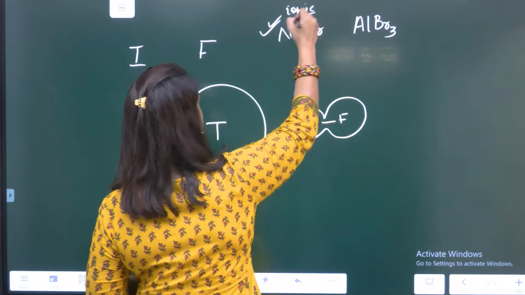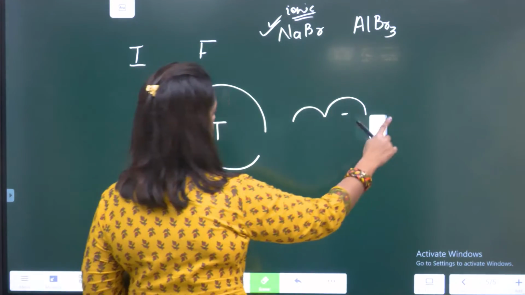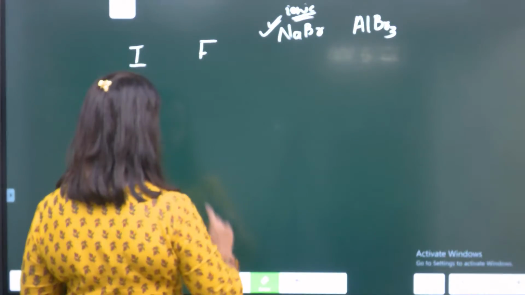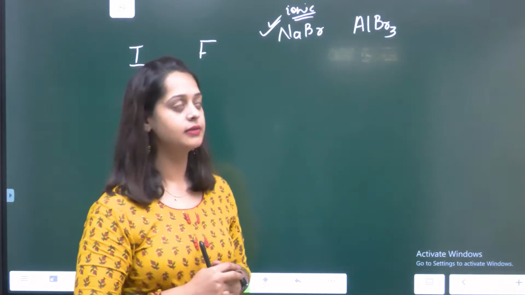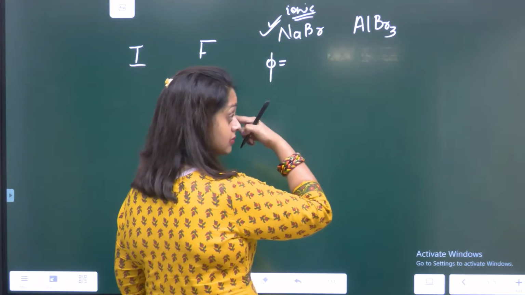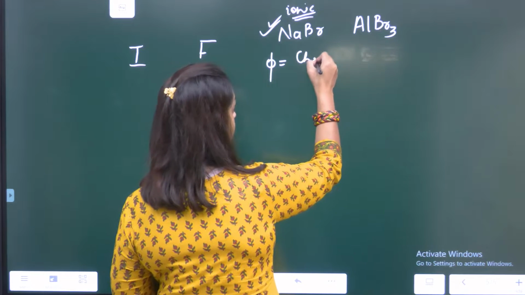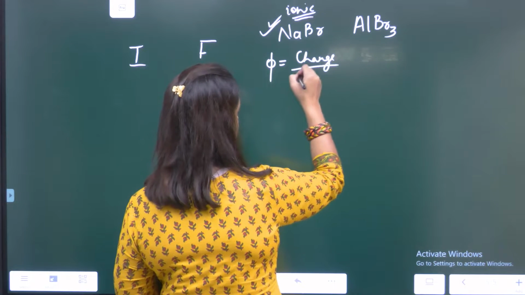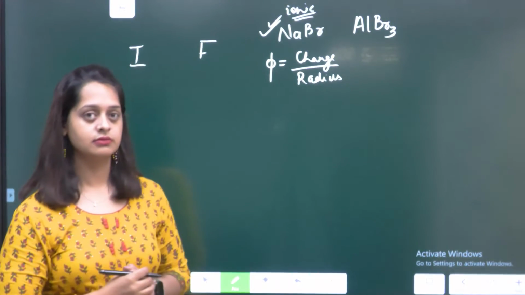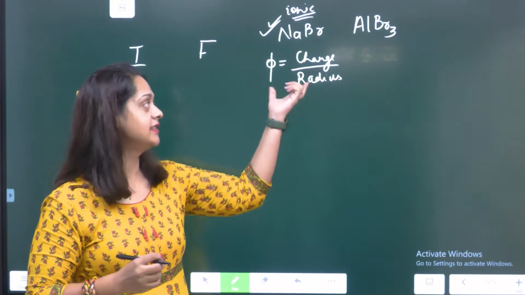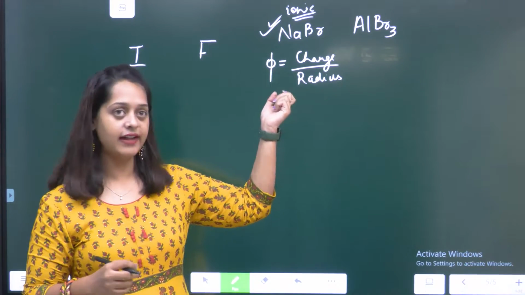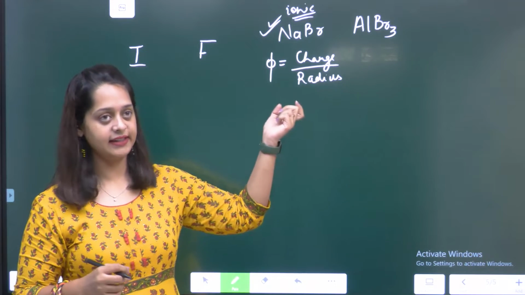Why is it more ionic? Because it is having less charge on the cation. How is it determined? It is determined with the help of ionic potential. Ionic potential is charge upon radius for the cation. Higher this ionic potential, more is the ionic character. Lower this value, less is the ionic character.